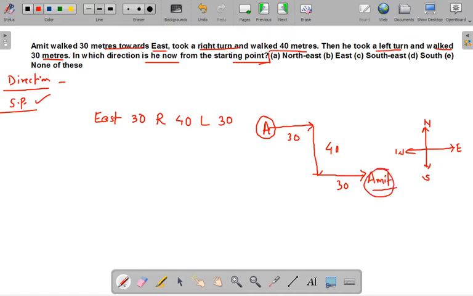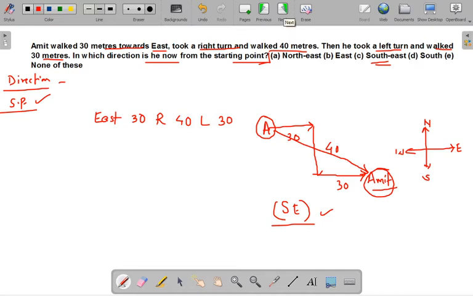So I say this direction is southeast. Simple problem. Since the problem is very small, there is no need to actually apply any formula or trick.